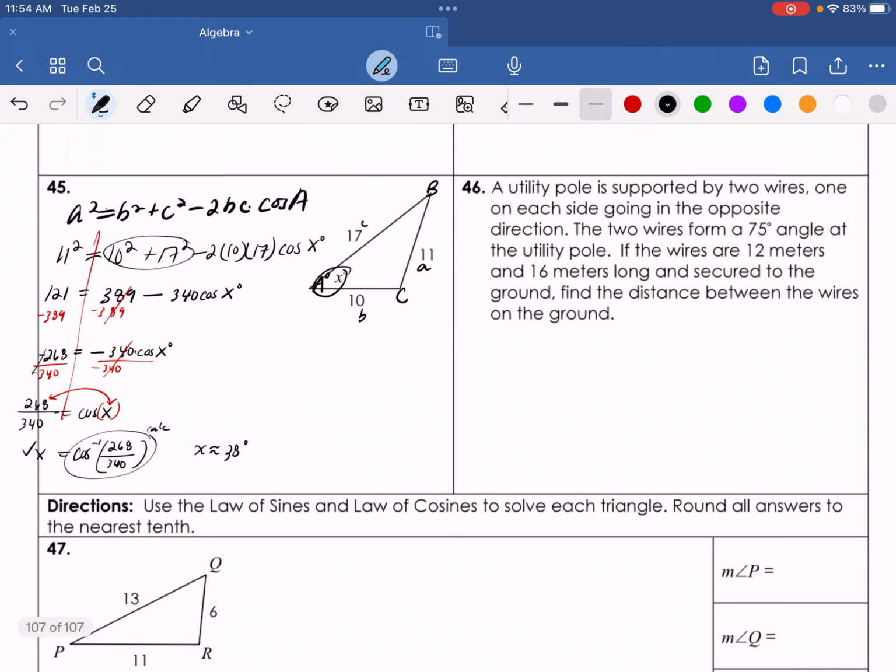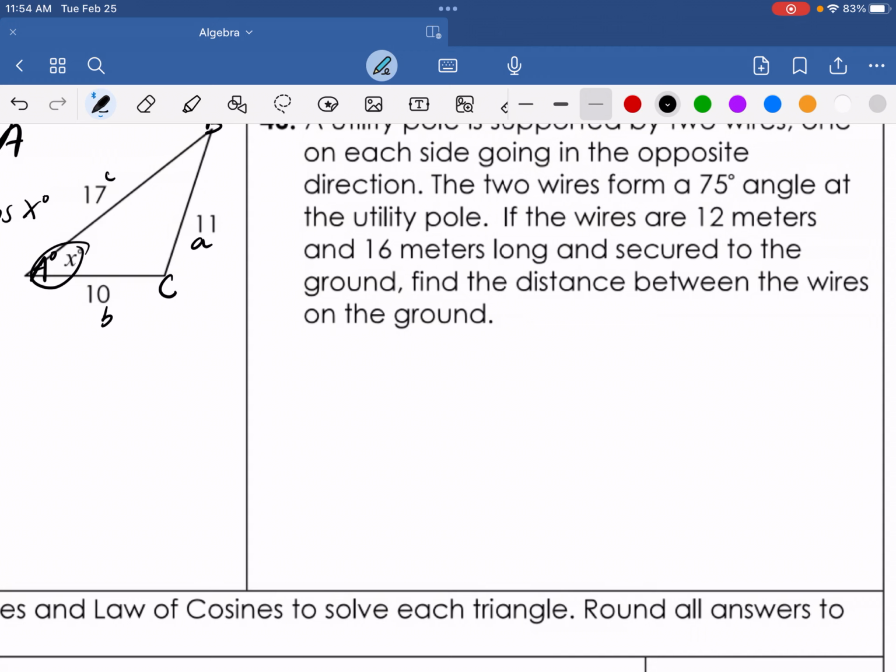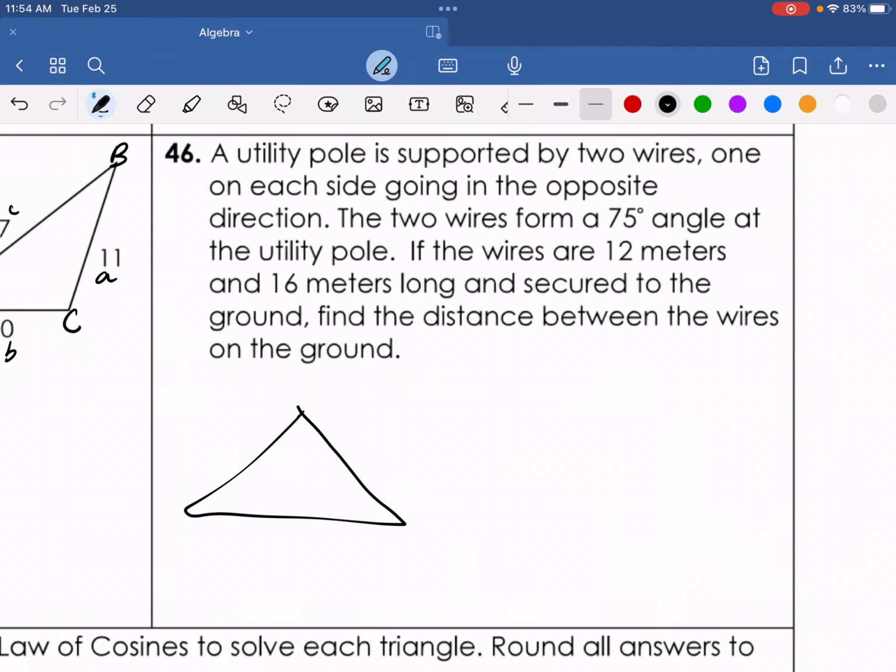Same thing, this is going to be a law of cosine problem, so it's going to be like a weird looking triangle. I'll show you what it looks like. A utility pole is supported by two wires, one on each side going to the opposite direction. Okay, if the wires are 12 and 16 long and secured to the ground, find the distance between the wires and the ground.